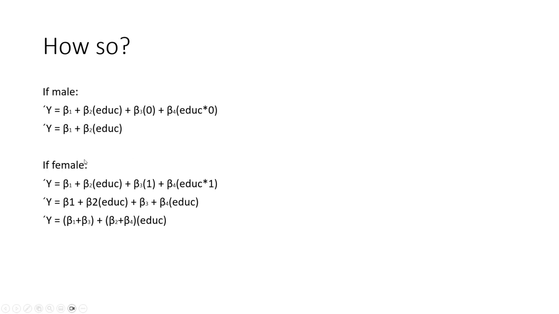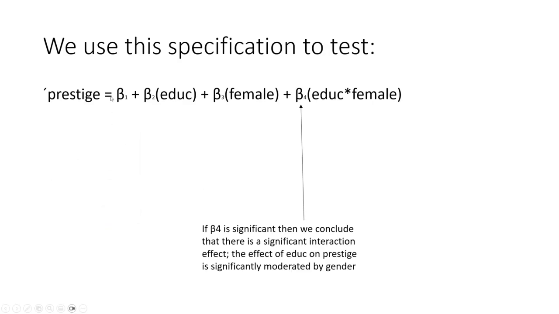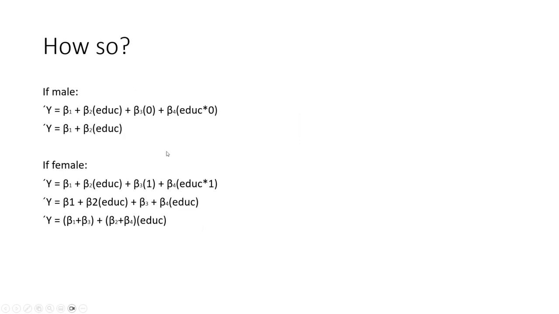And this leaves me with an equation for males, which will be simply beta 1 plus beta 2 educ. So if I back up this part of the equation here, just these two, beta 1 and beta 2, this will be the equation for males. What if I'm female? Well, if I'm female, I can plug in 1 for female and 1 for female here.